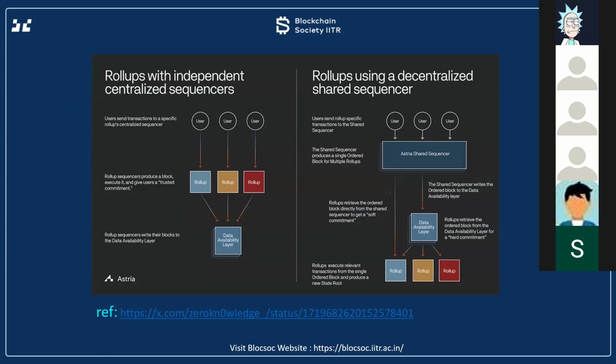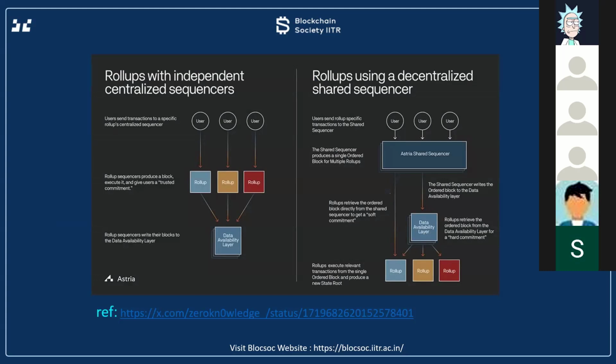Rollups with an independent centralized sequencer: a user gives the transaction to the rollup, and then the sequencers post the batches on the data availability layer, which is the normal way. The data availability layer can be Avail or Celestia.